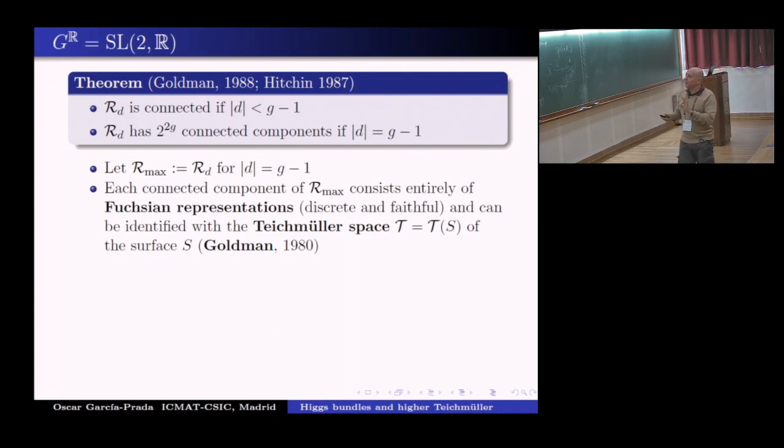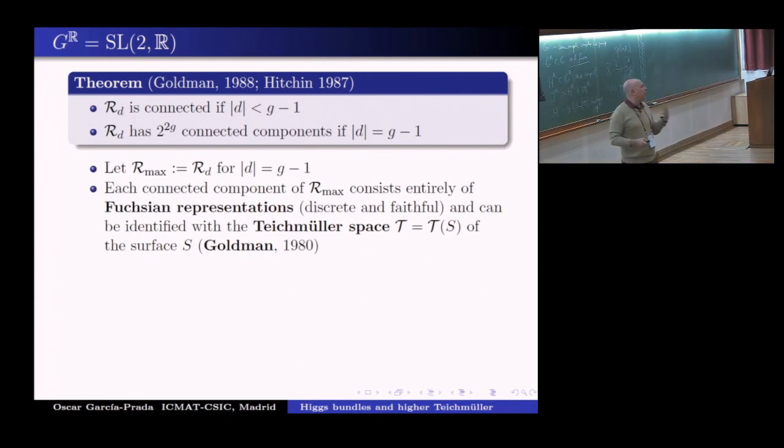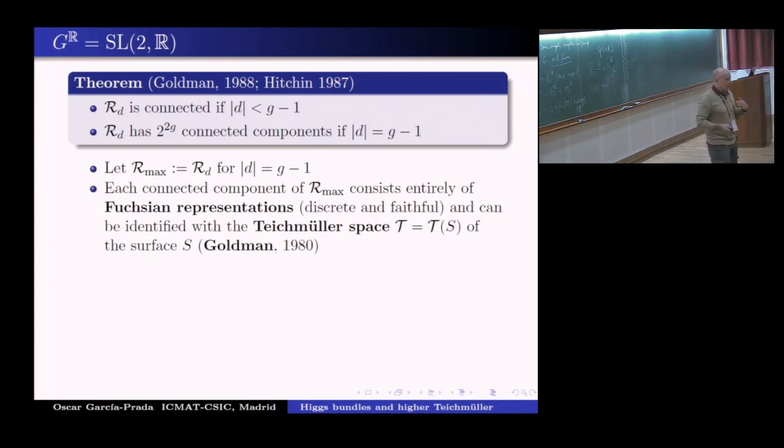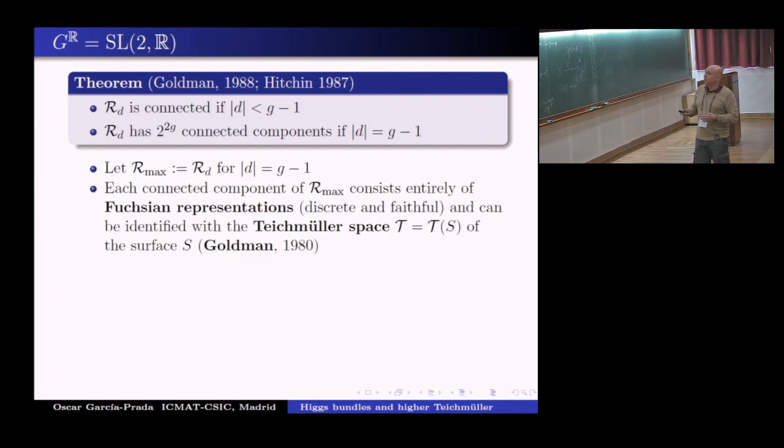From the point of view of representations of the fundamental group into SL2R, they appear as holonomies of hyperbolic structures, right? This is sometimes referred to as the Fricke space, up to conjugacy classes of the holonomies and so on. But thanks to Riemann's uniformization theorem, that is the same as complex structures or conformal structures. So any of these components can be identified with the Teichmuller space of S.